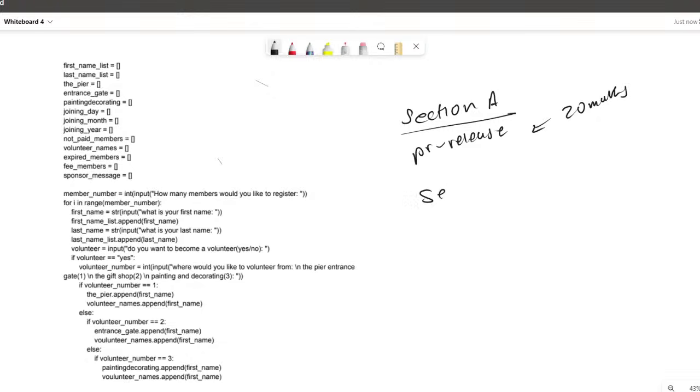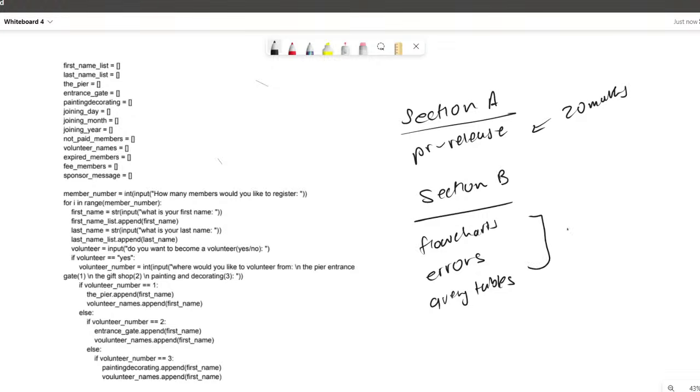Then section B, you will have the flowcharts, errors, and query tables. So these are the ones you need to know, and these carry 30 marks.